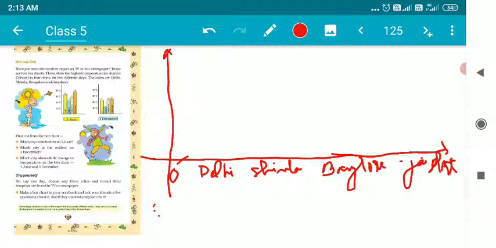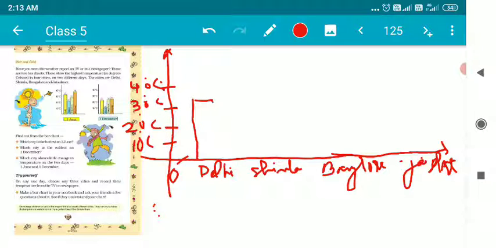So this one is representing 10 degrees Celsius, this one 20 degrees Celsius, this side 30 degrees Celsius, this one 40 degrees Celsius, like this. So in summer, the temperature of Delhi reaches up to 35 degrees Celsius.